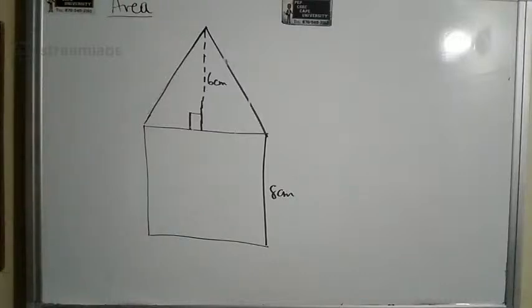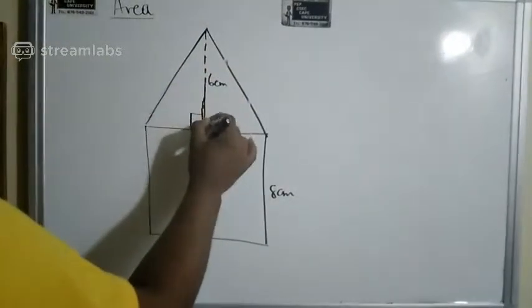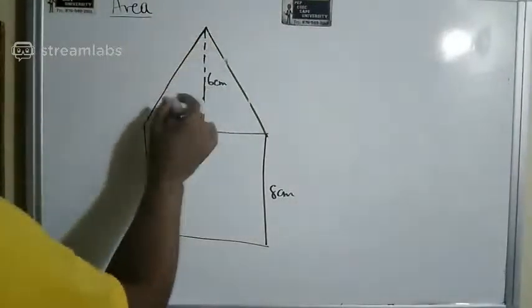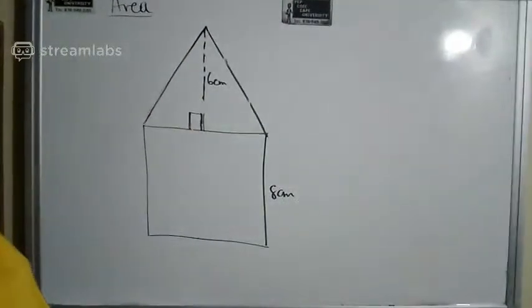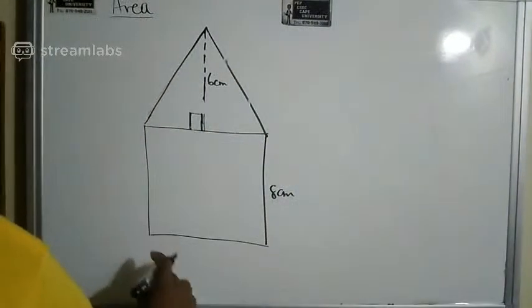Alright, so we're asked to find the area of that, given only that, right? So we're given the height. This is basically the height. And they indicate to us that it's 2 identical right angle triangles, right? And this side is 8.